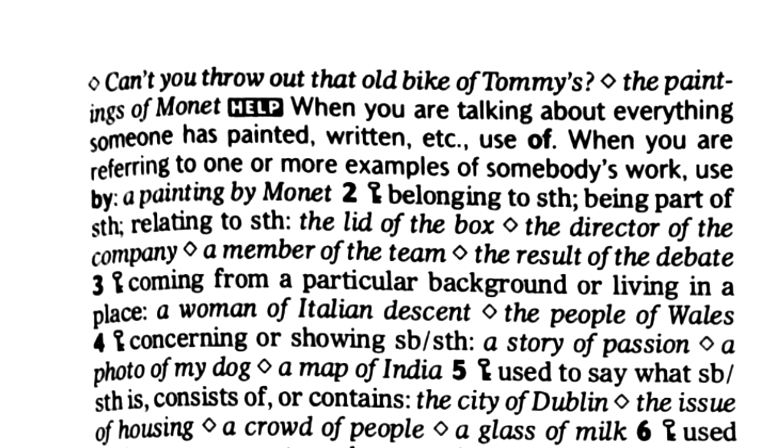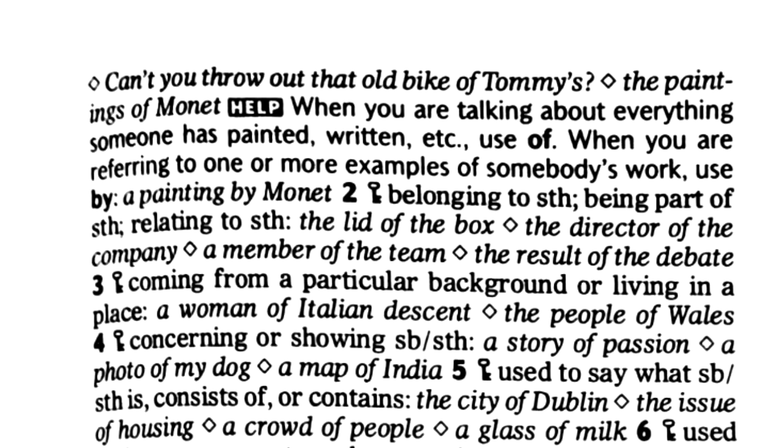The second one is belonging to something, being a part of something, given in the form of an example: the lid of the box. Then the third meaning is coming from a particular background or living in a place: a woman of Italian descent. The fourth one is concerning or showing somebody: a story of passion.